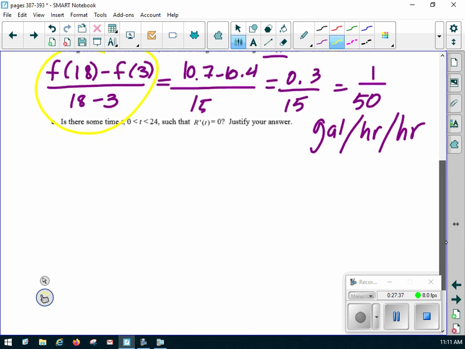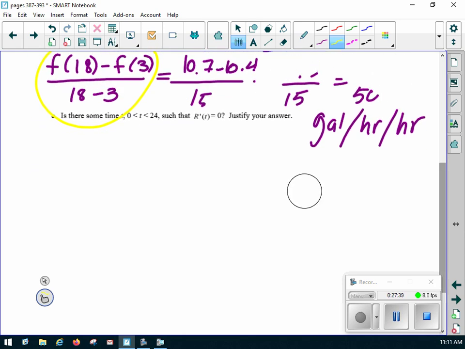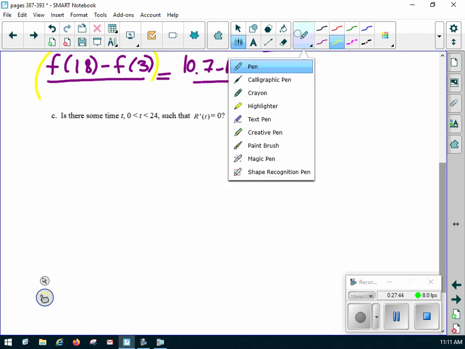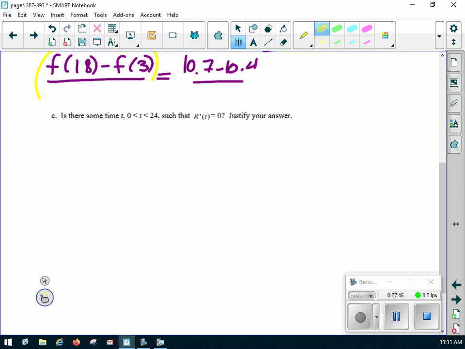Let's go on. I believe we're on C. If you have a highlighter, you get it out. When you see anything like that, is there some time? Would there be a time?